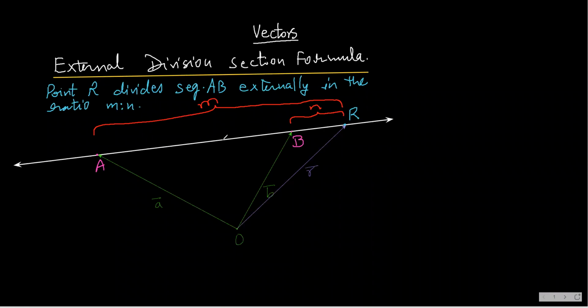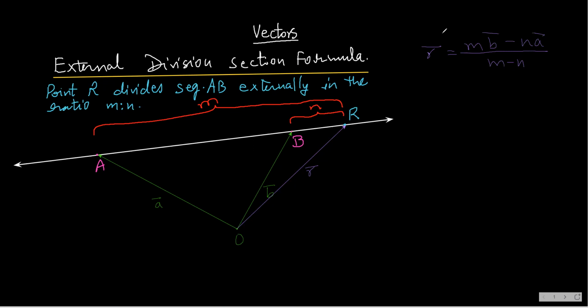So if I have these things given, that is, I'm given the position vector of point A as A bar, position vector of point B as B bar, and I'm given the ratio of division of point R, that is, point R is dividing segment AB externally in the ratio m:n, then R bar can be found. We can find R bar in terms of A bar and B bar. And what will be R bar? R bar will be equal to MB bar minus NA bar upon M minus N.